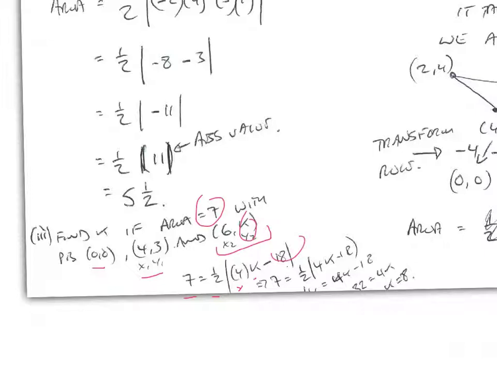That means that 7 is equal to half 4k minus 18.